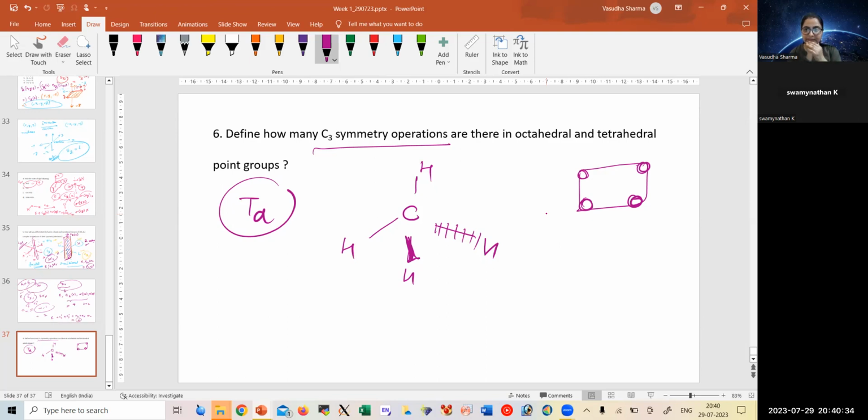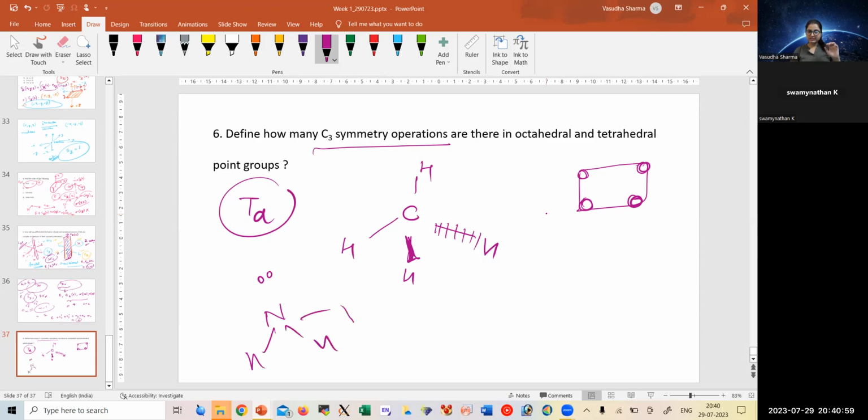There is a C2, I think. C2 would be there, okay. Other than that, is there any higher axis of symmetry? Just think about C3. You know about the ammonia molecule.